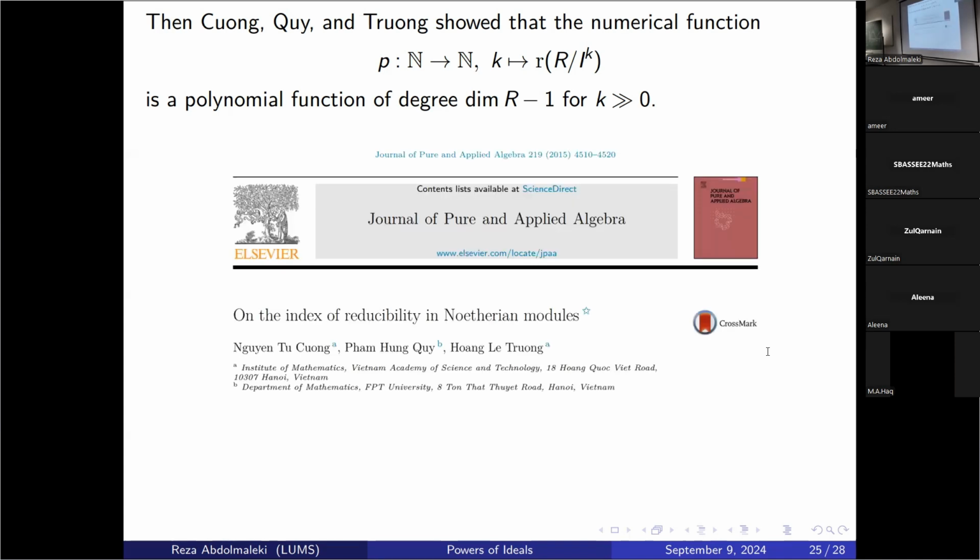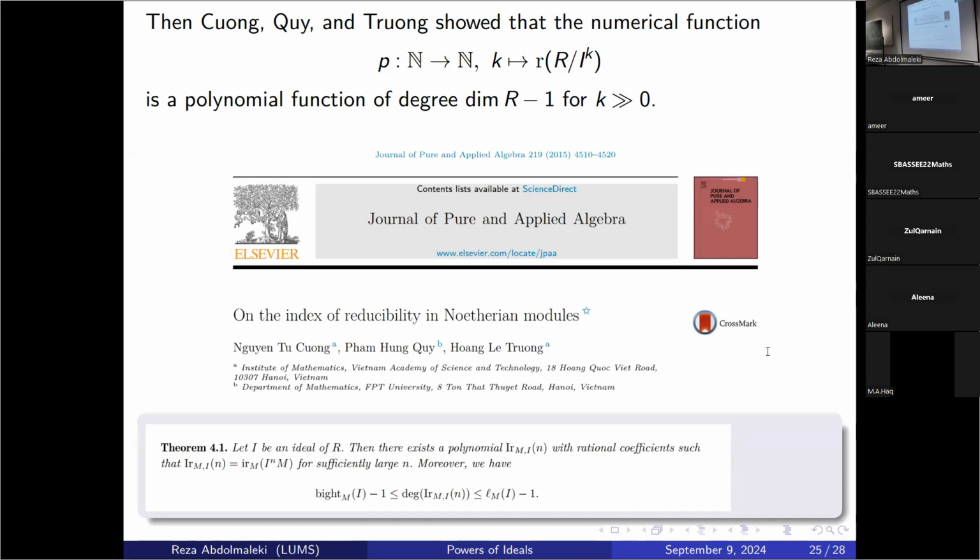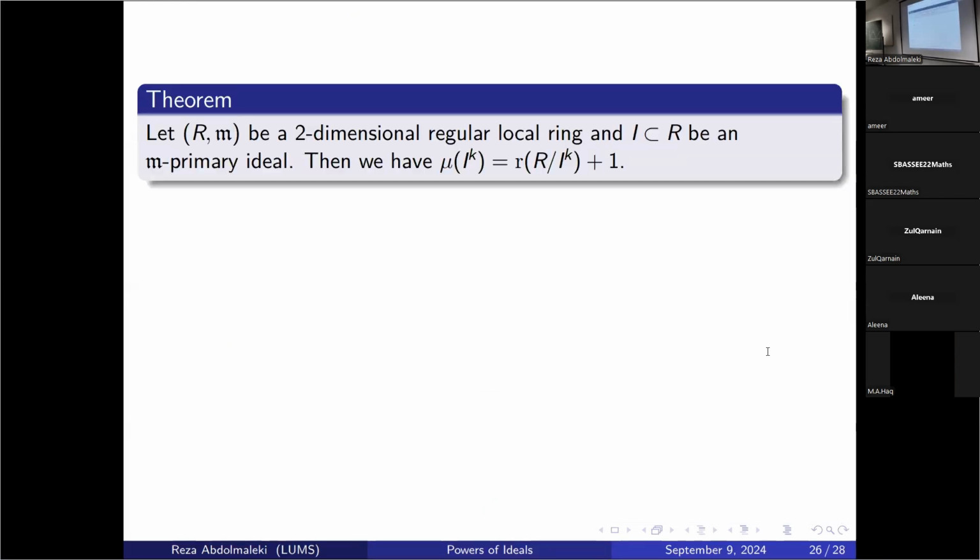Here is their paper, and here is the theorem. They show that for large enough k it's a polynomial, but for a particular case we prove that if R is a two-dimensional regular local ring and I is an m-primary ideal of R, then mu of I^k is the Cohen-Macaulay type of R over I^k plus 1, the index of reducibility of this plus 1.